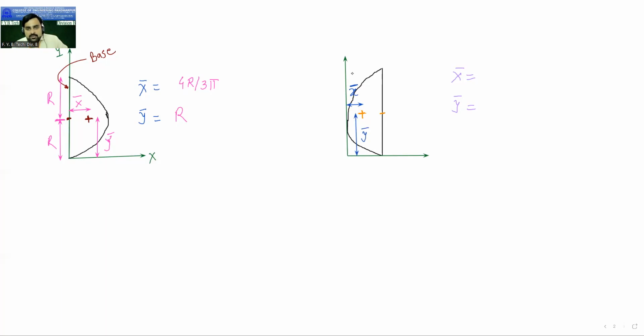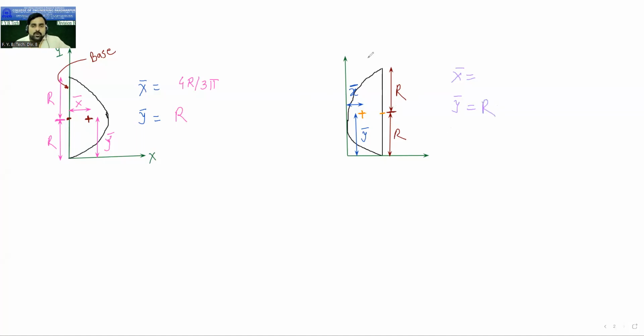From the center, the distance to the outermost fiber is the radius r. If you move in the other direction, it is also r from the center. So it is clearly observed that y bar is equal to r. So I can write y bar is equal to r.